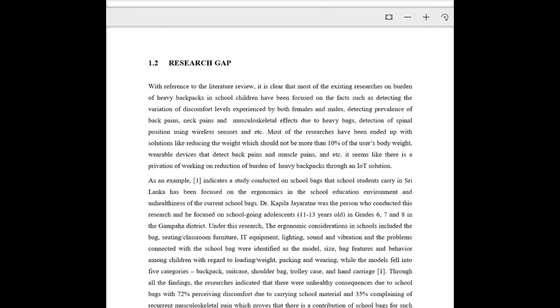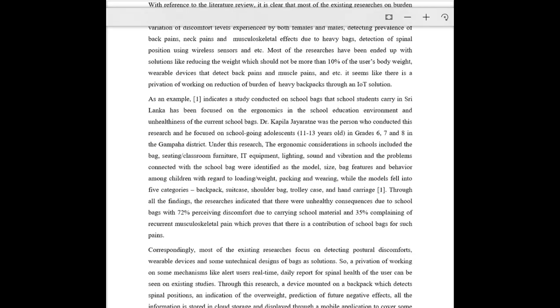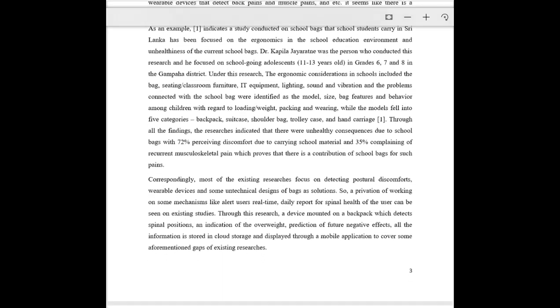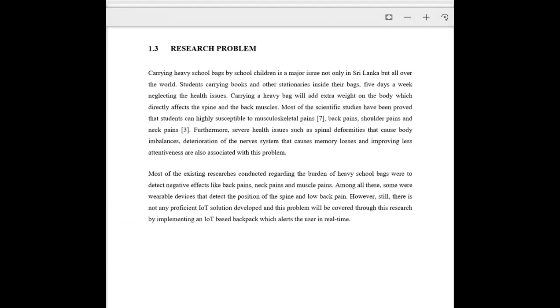This part is about the research gap. This research gap depicts the gap of this research area that I am going to fulfill. This part is about research problem, which briefs about the problem that is going to be solved through this project.